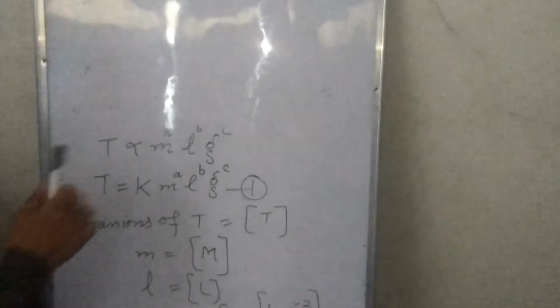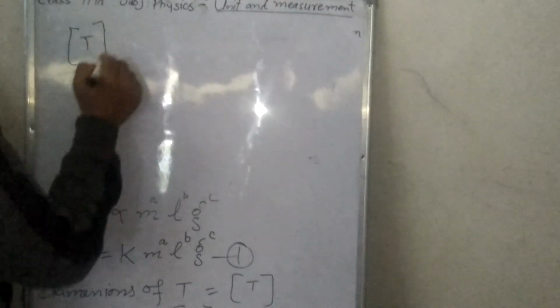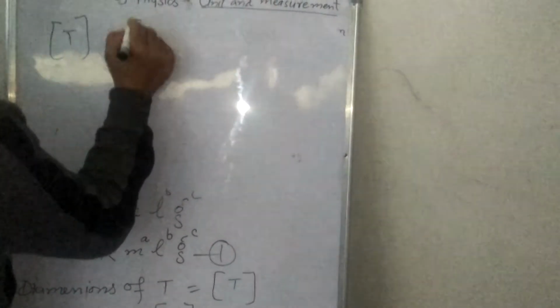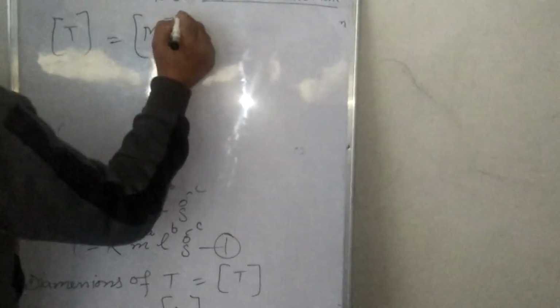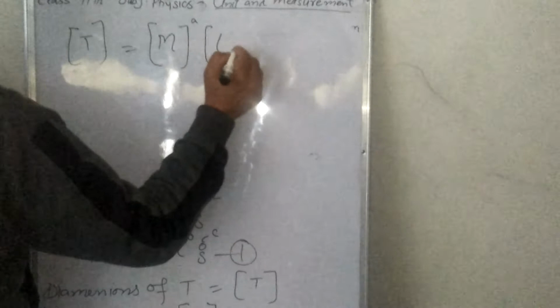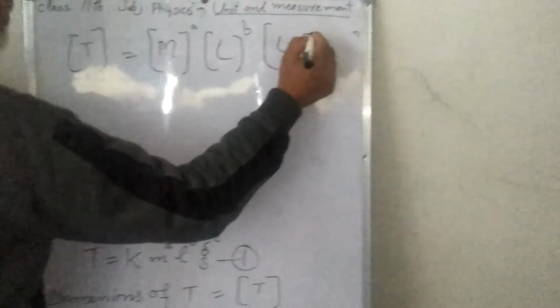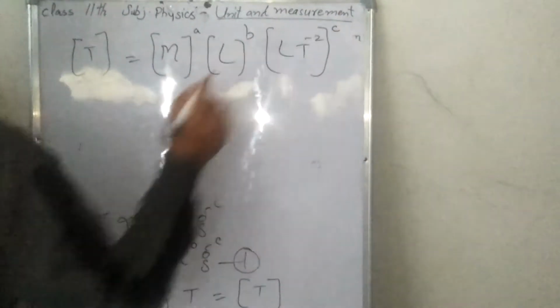Using these, we will write dimensions. On the left side, T will be equal to mass M raised power a, L raised power b, and the dimensions of g, which are L T raised power minus 2, raised power c.